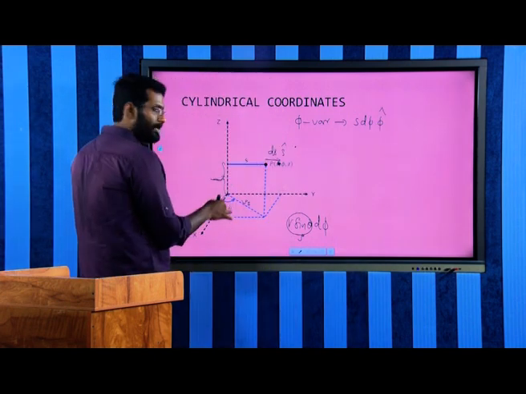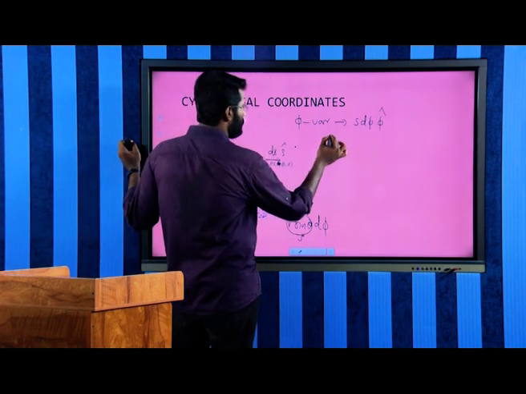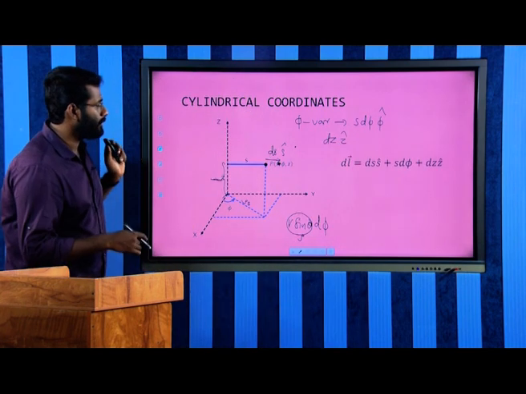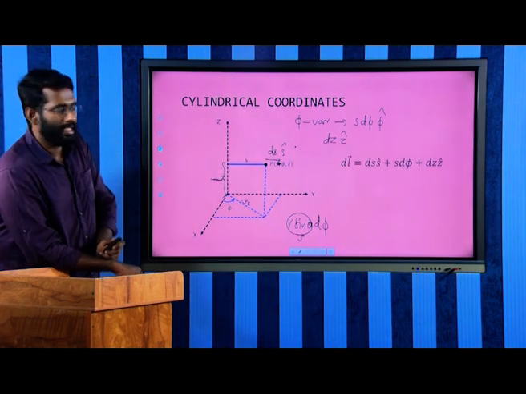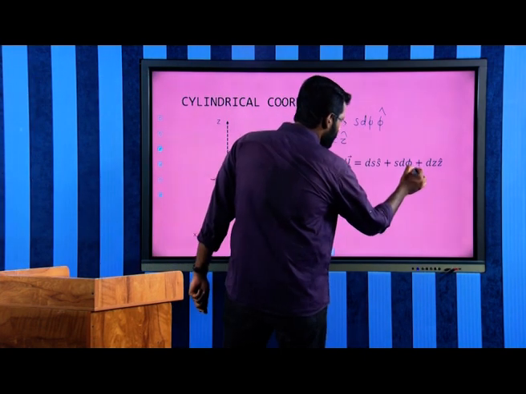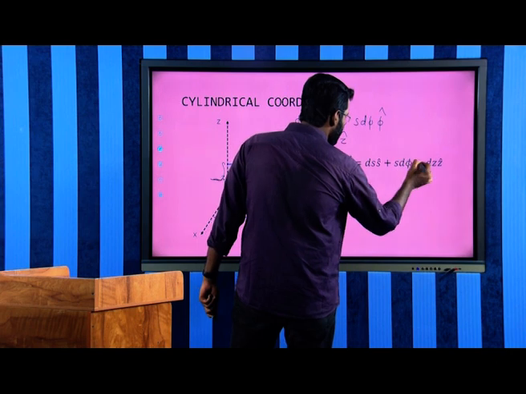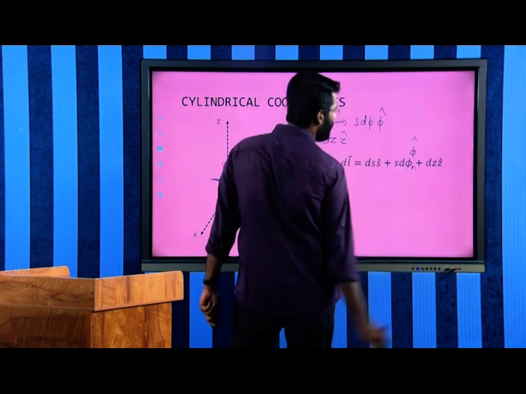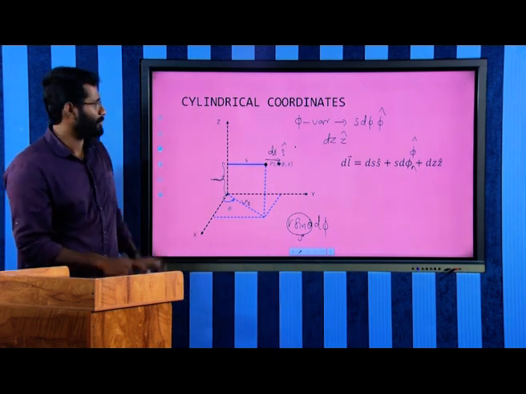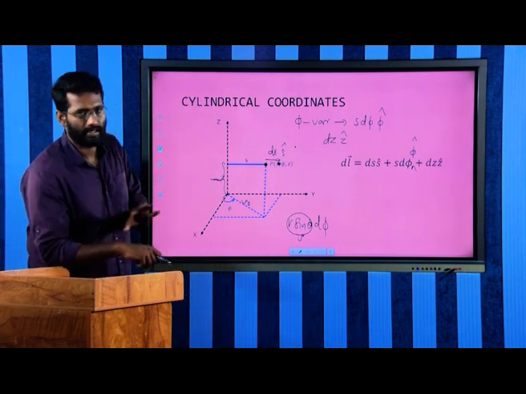And Z is simply dz into Z cap, the same as in the Cartesian system. So, the line element is dl equal to ds into S cap plus S d phi into phi cap, because we need the direction since it is a vector, plus dz into Z cap. This is the line element in the cylindrical coordinate system.